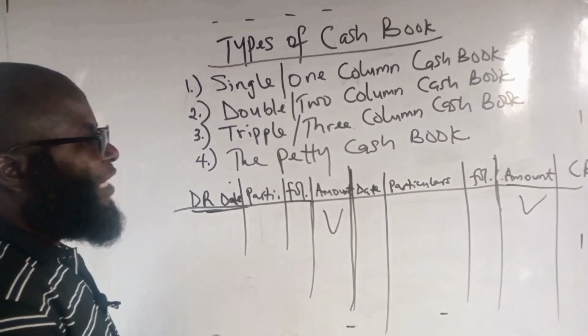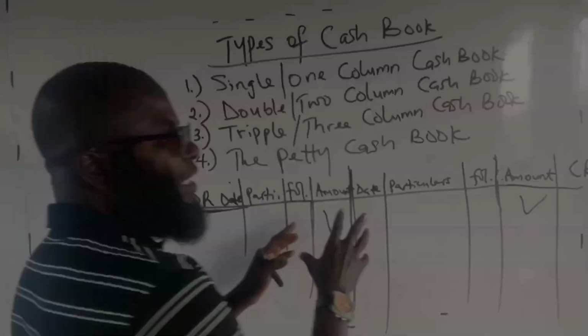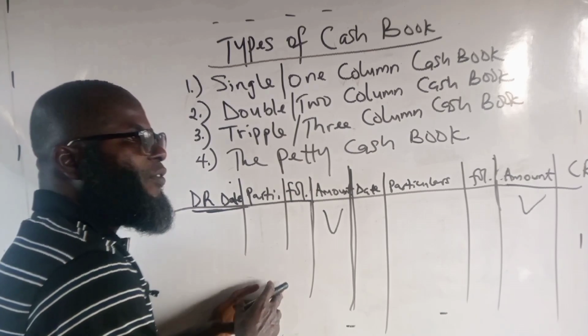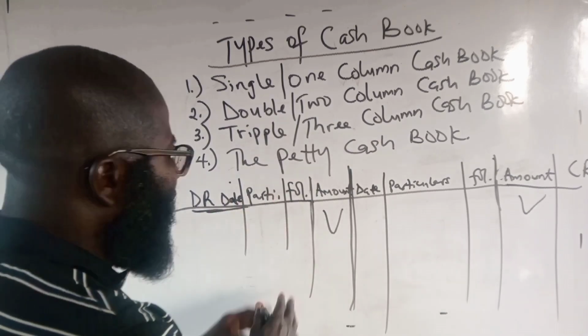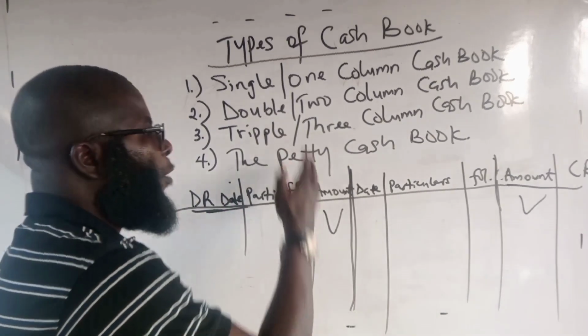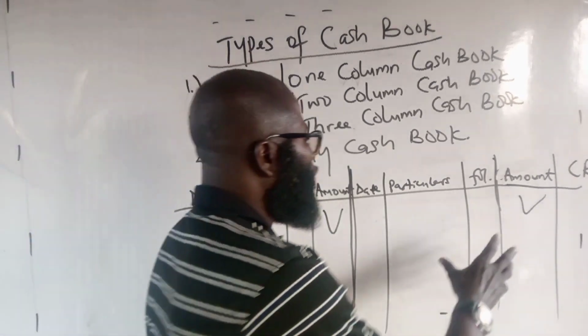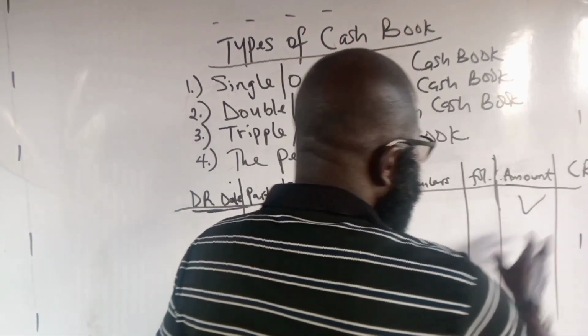Therefore, the two accounts are to be prepared in the cash book. Therefore, on the left hand side, which is regarded as the debit side, we are going to have a column for both bank and cash. Likewise, we are going to have it on the credit side.